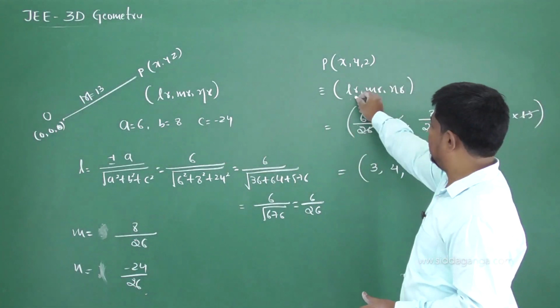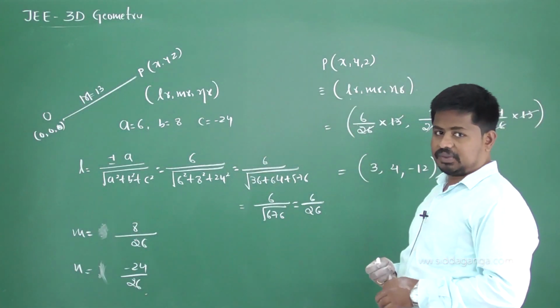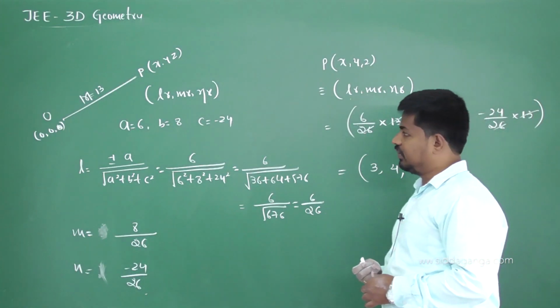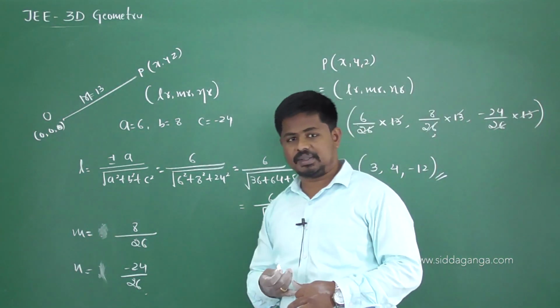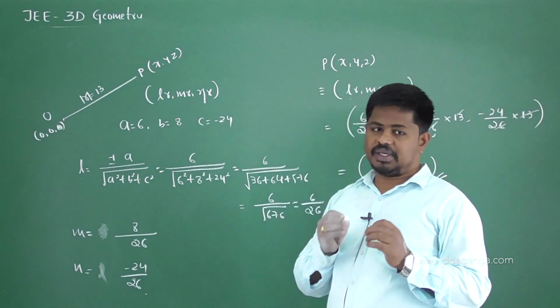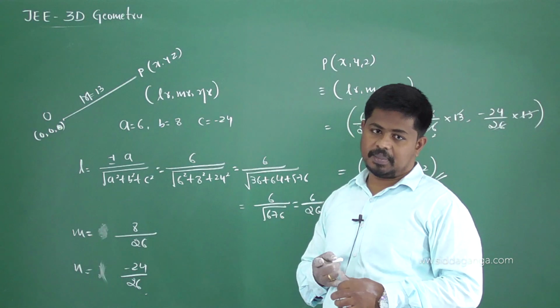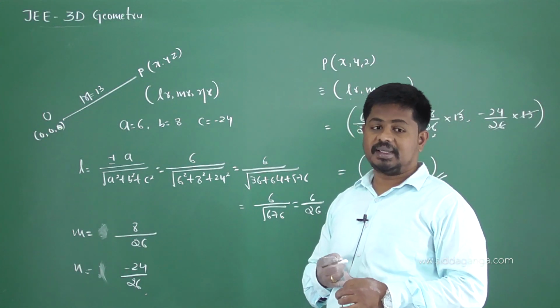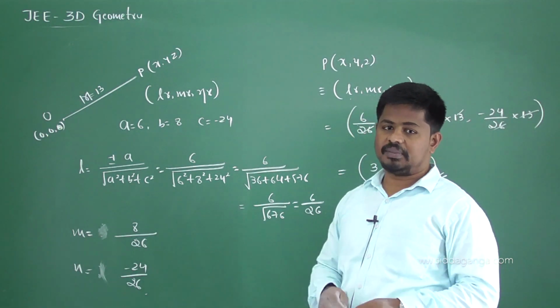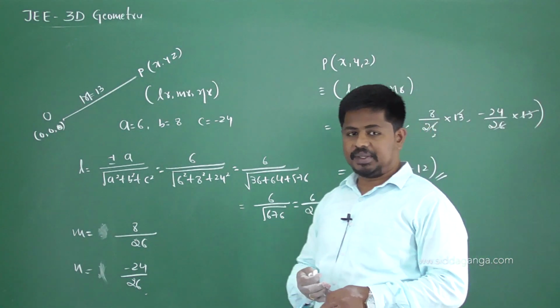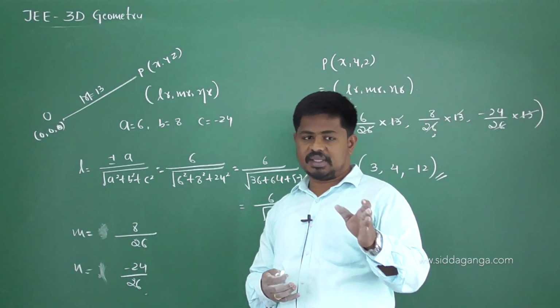Sometimes we take LR, MR, NR as A, B, C. So when you take that as A, B, C, your answer again becomes the first option. But when you try to find the distance between O and P, taking the first option as the correct answer, you don't get 13 as the distance between O and P. So there can be one more P such that the distance is 13.